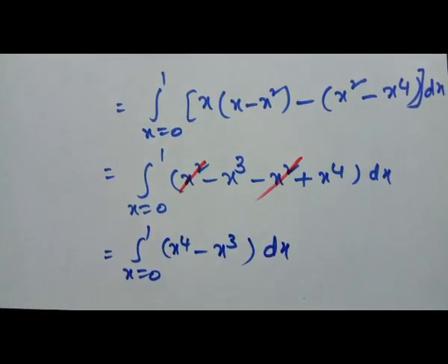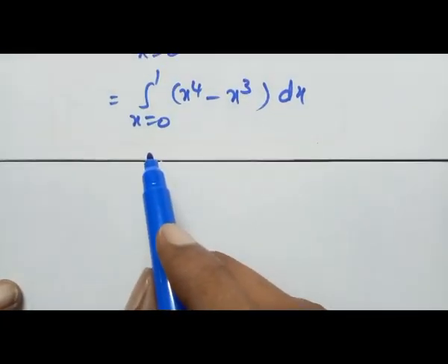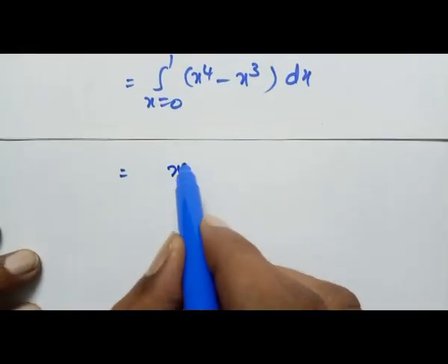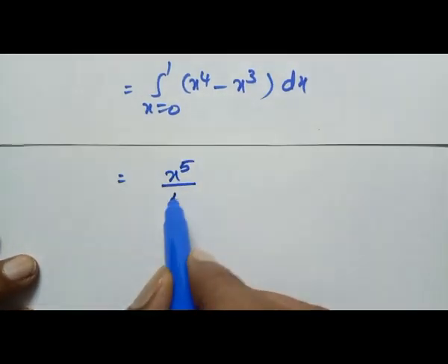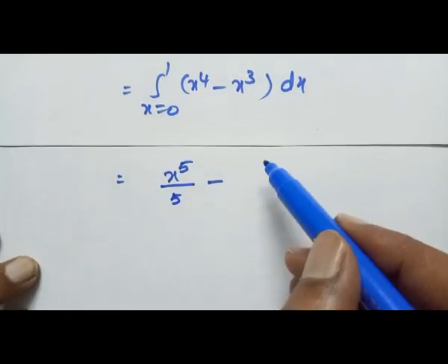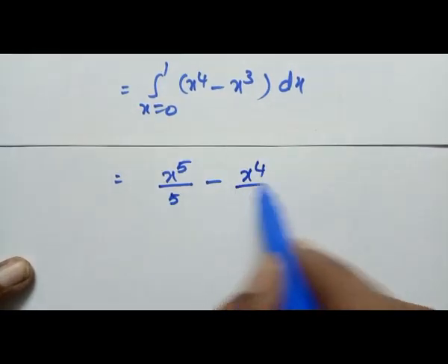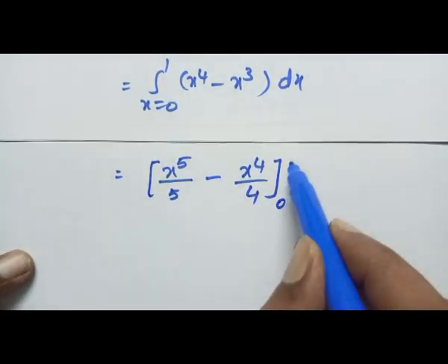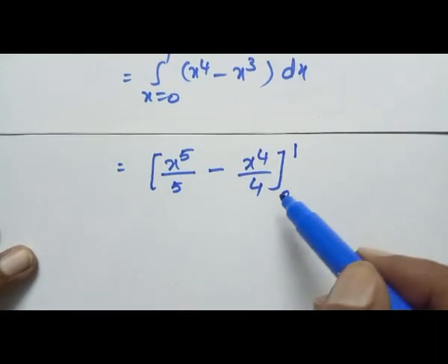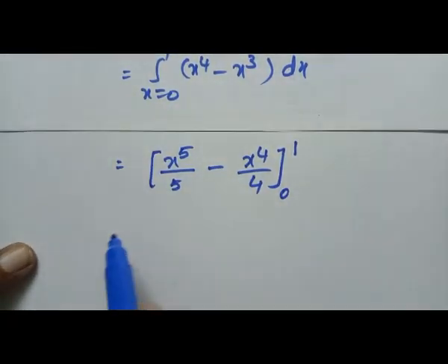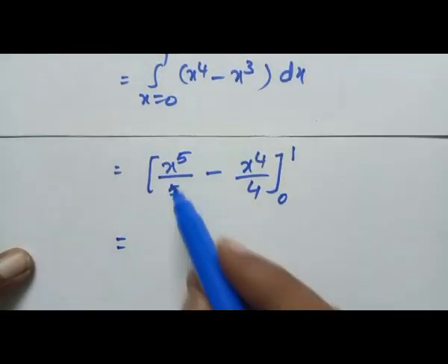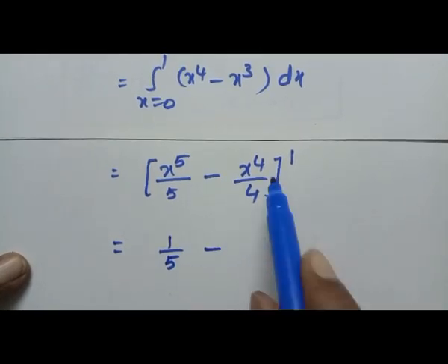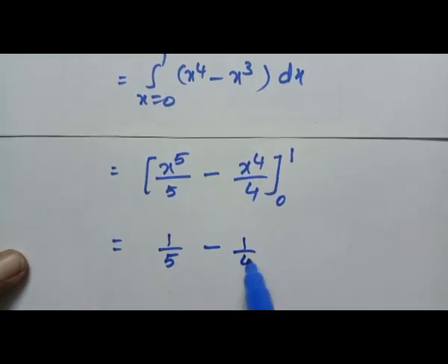Now integrating with respect to x, this is equal to x power 5 by 5 minus x power 4 by 4, with limits 0 to 1. Here there is only the x variable, so we are not writing x equal to 0 to 1; it is clearly understood. Therefore, upper limit minus lower limit, where the upper limit is 1 and the lower limit is 0: 1 by 5 minus 1 by 4.